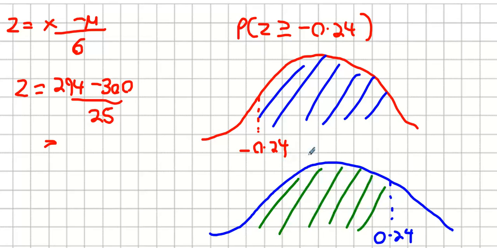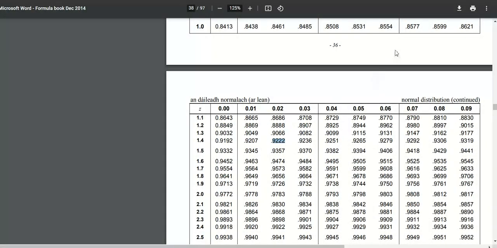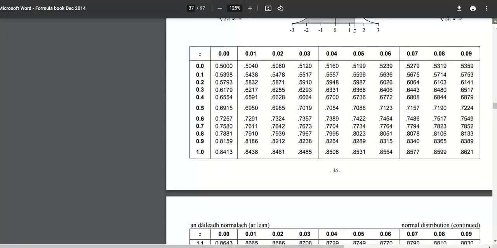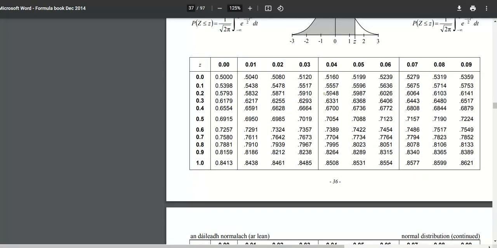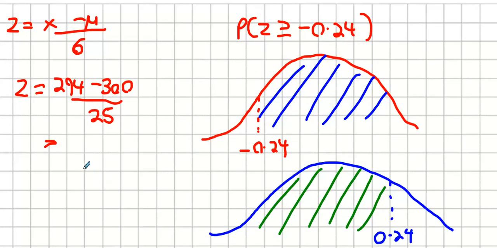Being bigger than minus 0.24 is the same thing as being smaller than 0.24. So on my chart I'm looking for a z-score of 0.24. Go all the way up. Everybody see 0.24 is here. So what does that give the answer as? 0.5948.